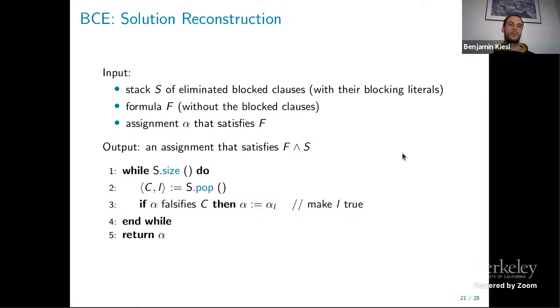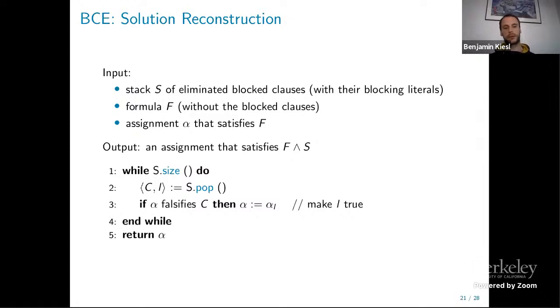So while you do blocked clause elimination, you save your blocked clauses together with the literal that blocked them. And then you take your formula and start with an assignment that satisfies your formula. That would be your resulting formula of the preprocessing. And then you just go, you pop literals from your stack. You start with the first one. Then you check your assignment.